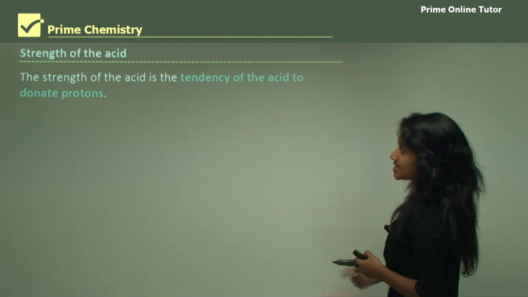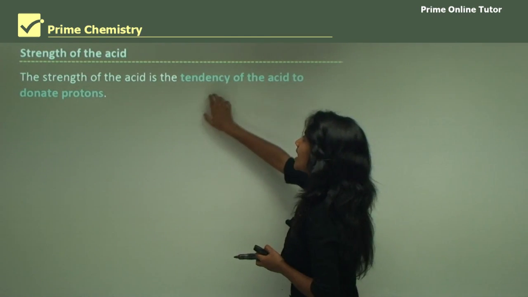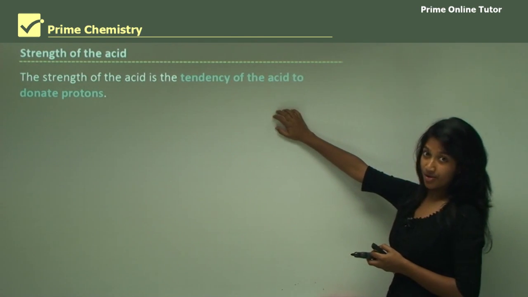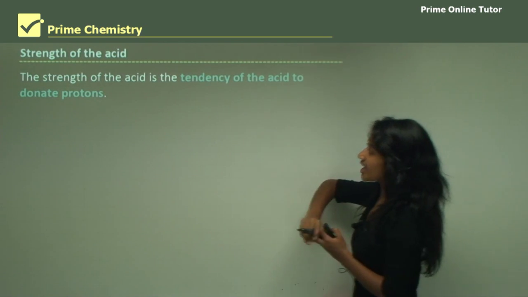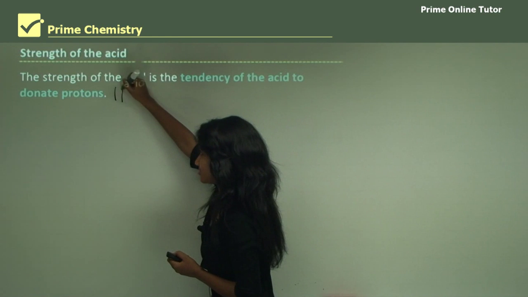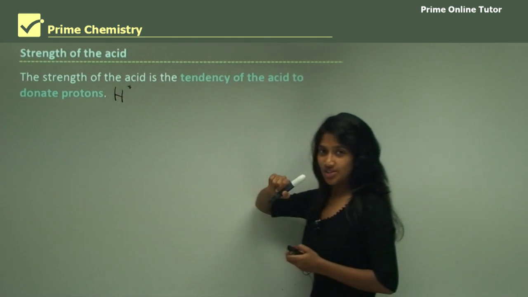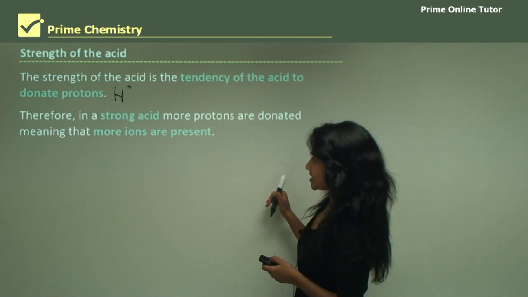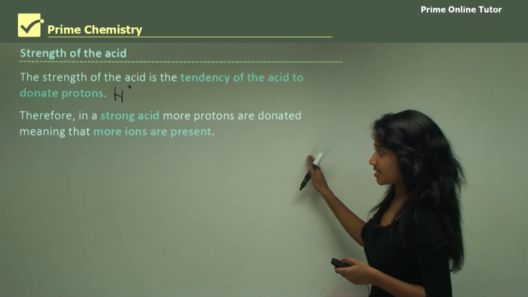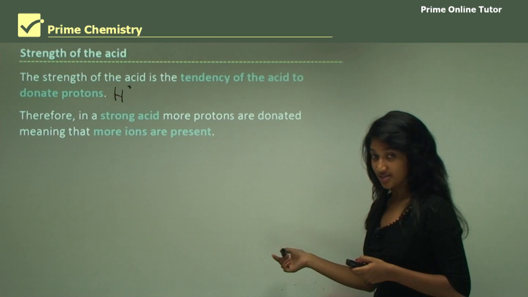The strength of the acid is the tendency of the acid to donate protons. Now we looked at this in our last lesson, but again, protons are H+ ions, which are hydrogen ions. Therefore, in a strong acid, more protons are donated, meaning that more ions are present.